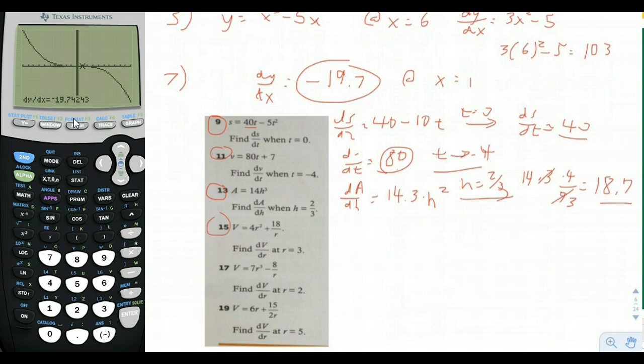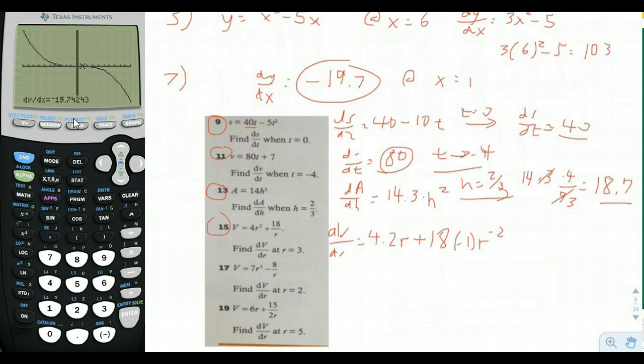15. The derivative of this v function is going to be 4 times 2 times r plus the derivative of 18 times r to the negative 1, which is 18 times negative 1 r to the negative 2.